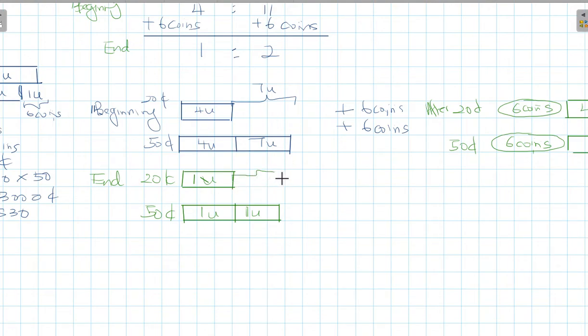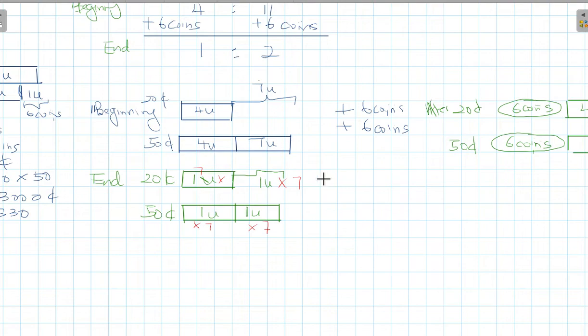You know that my difference is the same. That means the beginning difference and the end difference is the same. But then here, my end difference is not the same. So I have to make them the same. How do I make them the same? So I times 7 here, times 7 here, times 7 here, times 7 here.